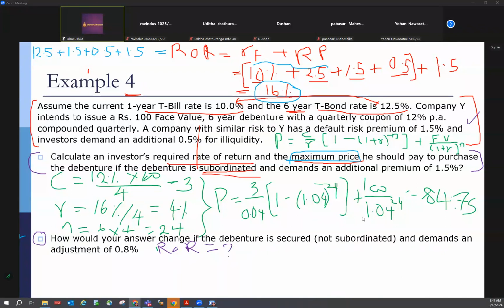Ma'am, that adjustment of 0.8, I didn't get that. If it's secured, you have to look at what happens here.